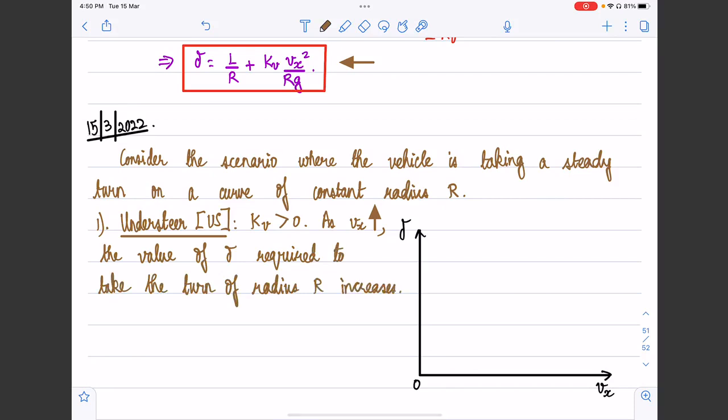This is something very, very important and should be kept in mind. So that is the first case, understeer.